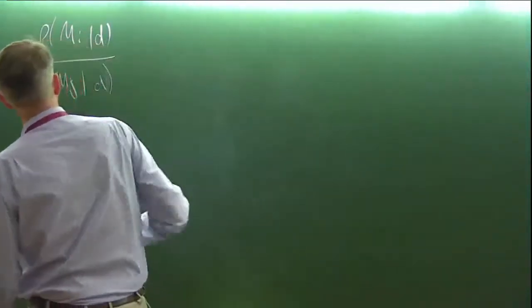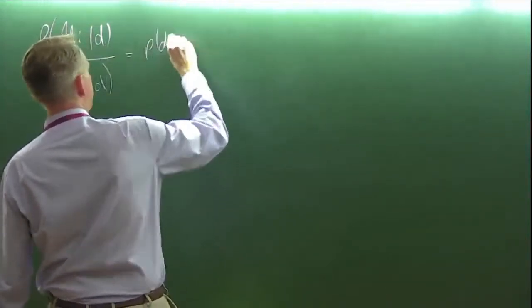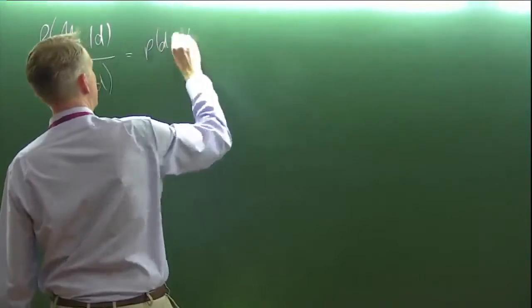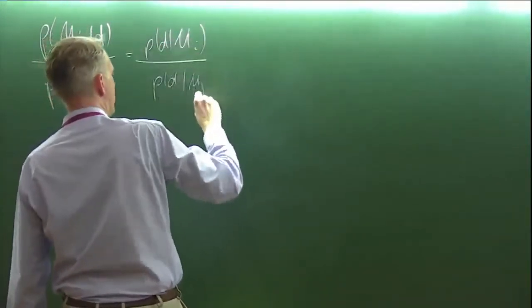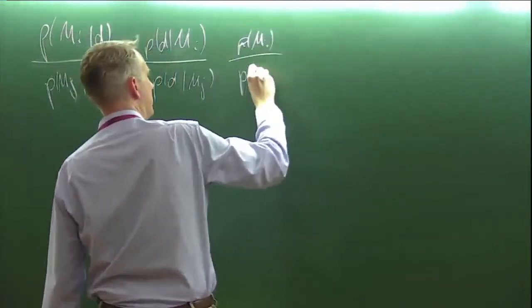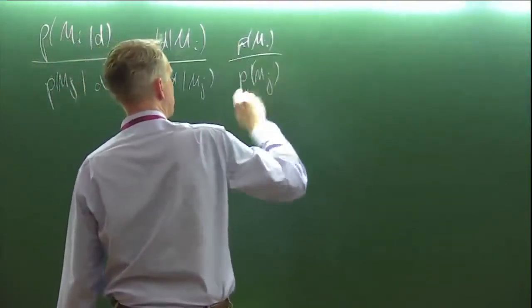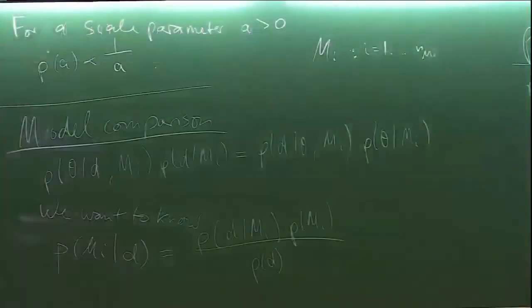And so what I get is P of D given Mi divided by P of D given Mj, times P of Mi divided by P of Mj, okay.